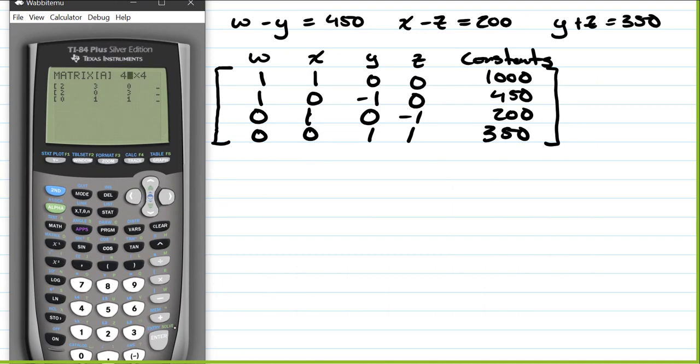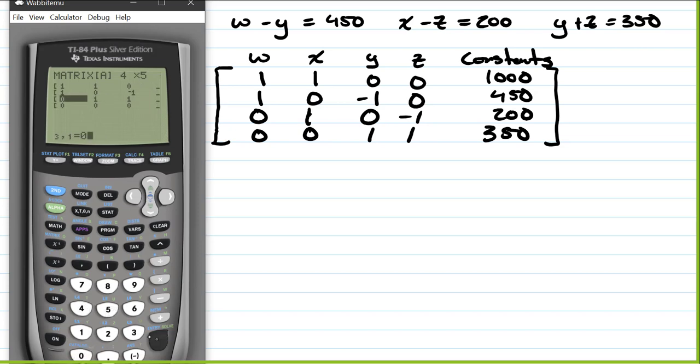So 4 by 5, and I have 1, 1, 0, 0, 1,000. I have 1, 0, negative 1, 0, and 450.